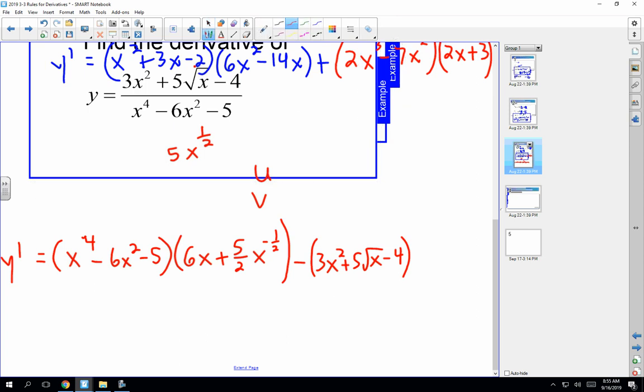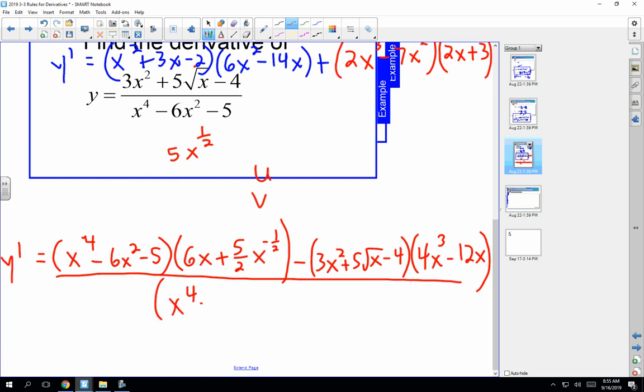All right, so we've got that, and then times the derivative of the bottom. So the derivative of the bottom would be 4x to the third minus 12x. Just barely fit all over. Get the all over part: x to the fourth minus 6x squared minus 5, squared. And that's my derivative. You can leave it like that.